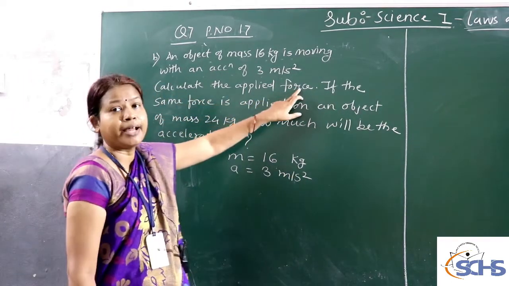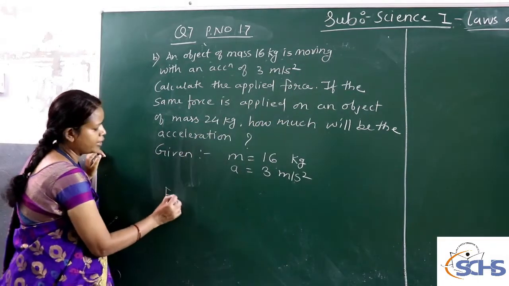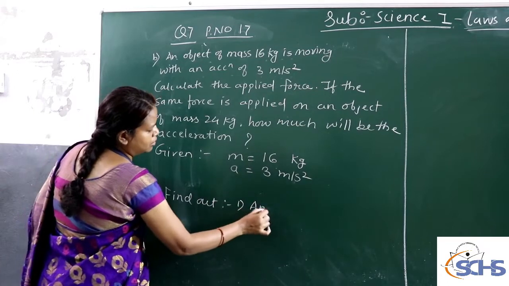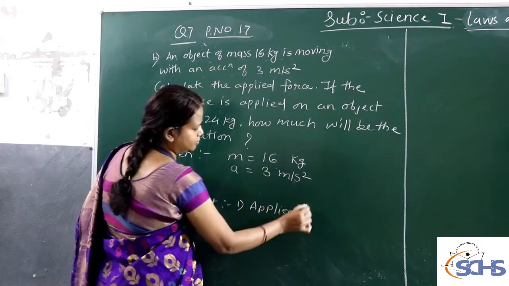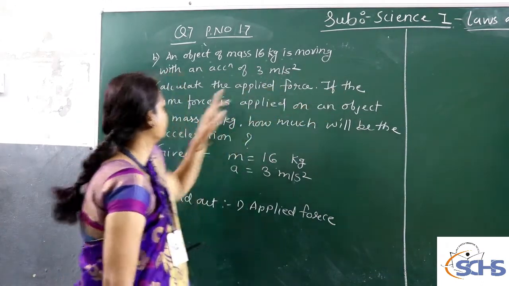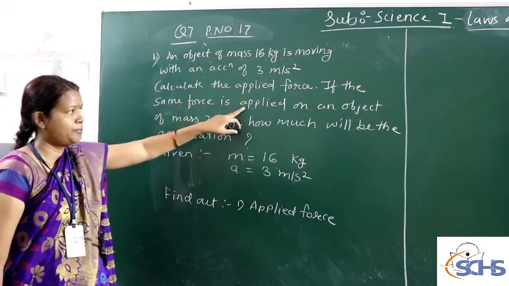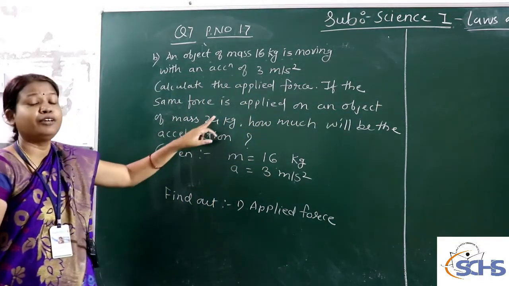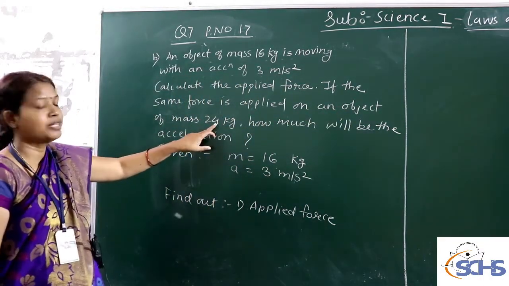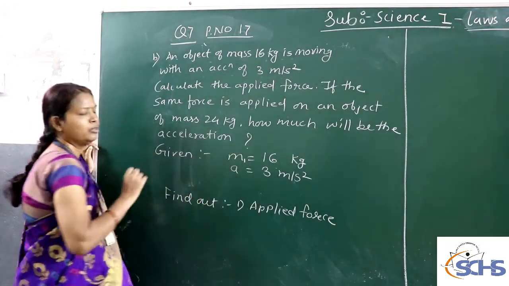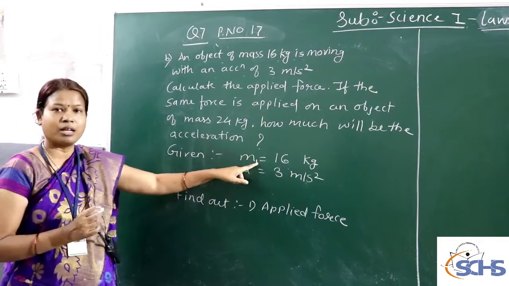Calculate the applied force. What do we have to find out? We have to find out the applied force. If the same force is applied on an object of mass 24 kg, again a second mass is given, so for the first value we can put 1, that is mass 1.